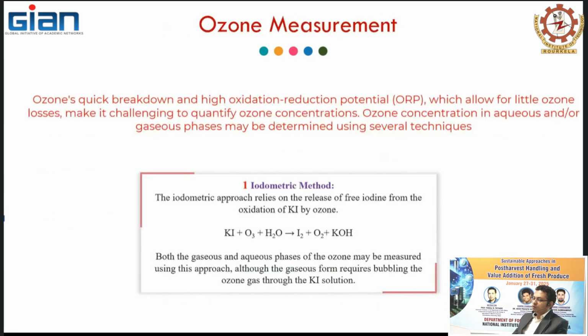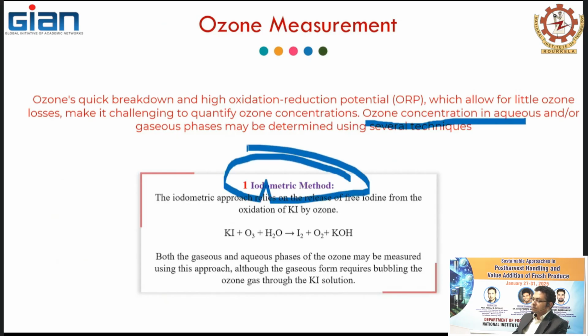So for the ozone measurement, there are different techniques, different measurement methods to measure ozone concentration. So one is the iodometric method.